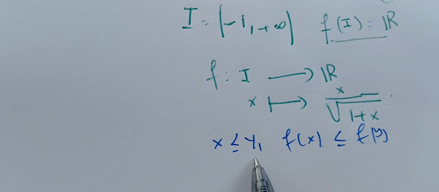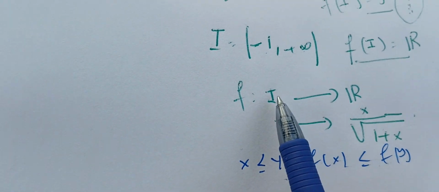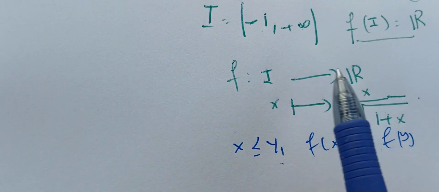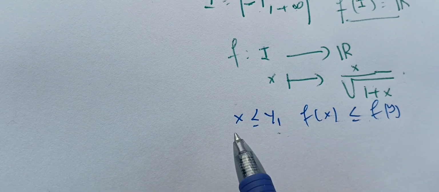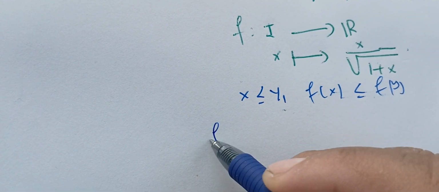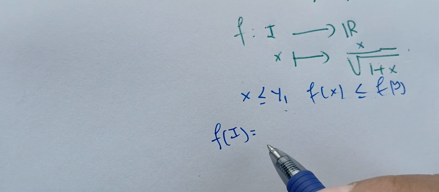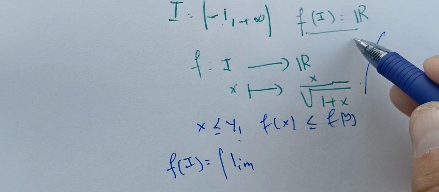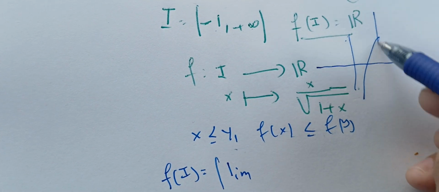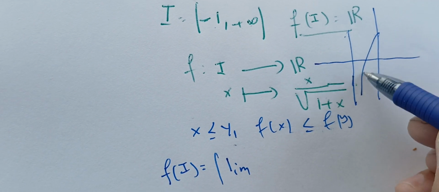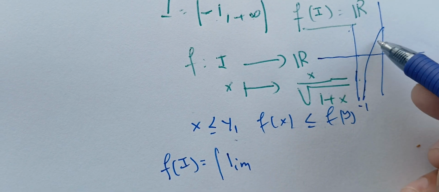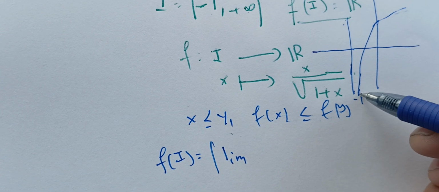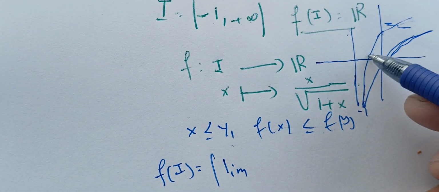We can prove this easily from here, or with the derivative. We have the domain, and we need to show that the image of the domain is the whole set R. So f is continuous on I, and it's increasing, therefore the image of I will be determined by the limits. It's going to be something like this, and f of 0 is 0.